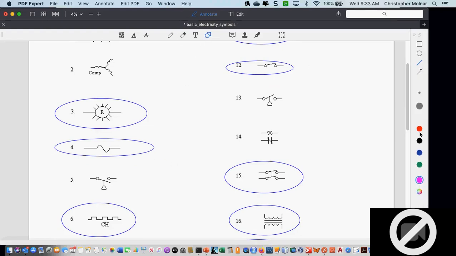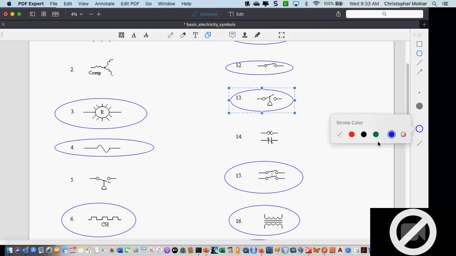Okay, now I'm going to toss 2 more in here. Actually, if I can get a circle in here, will be awesome. Okay, toss 2 more in here. What type of control is number 13? Well, what is it at first?